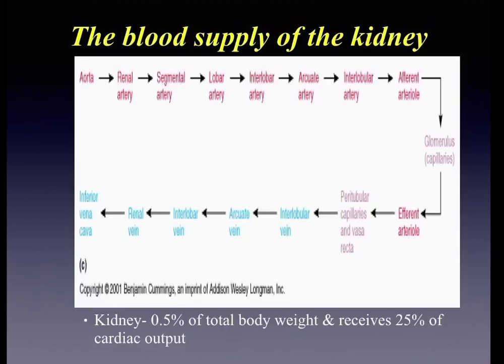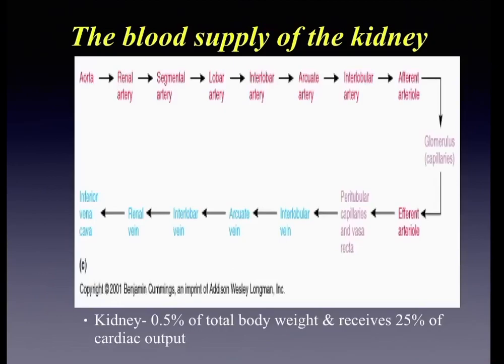Up to this stage, the arteries and arterioles of the kidney are end arteries. That means they have no anastomosis, and if there is an occlusion of any of these branches, it can result in infarction of the renal parenchyma which is supplied by it.